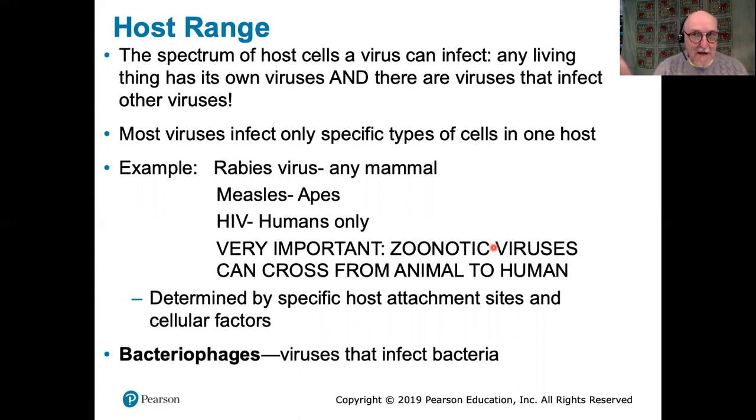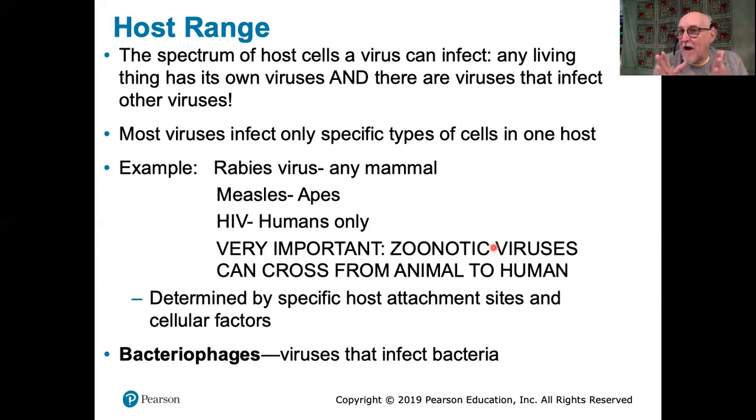So, for example, very narrow range, HIV only infects human beings and only infects certain cells of the human organism. And those are cells with, in particular, a protein called CD4. And then there's one other protein which is required, which we will discuss when we talk about HIV disease.